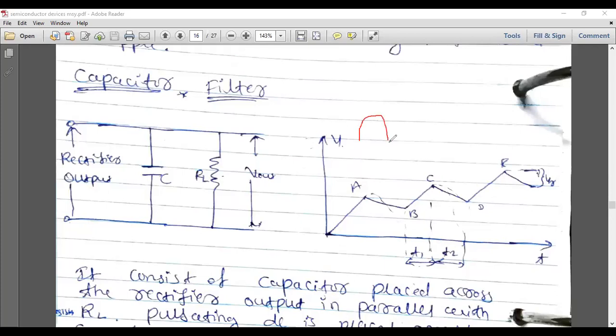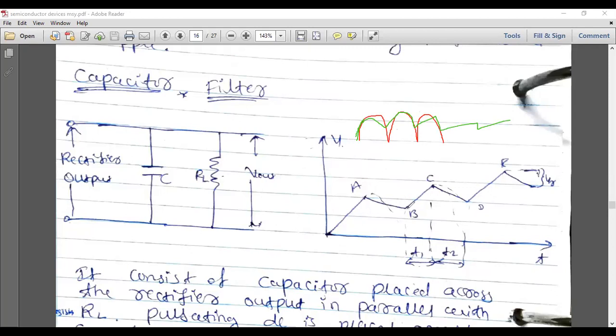0 to 0, 0 to maximum and maximum to 0, 0 to maximum and maximum to 0. Instead of this, it is better to use from here to here, and next it will not reach 0, here to here, here to here, like this. During the positive half cycle, while reaching the peak value, the capacitor will charge; from peak value to 0, it will discharge.